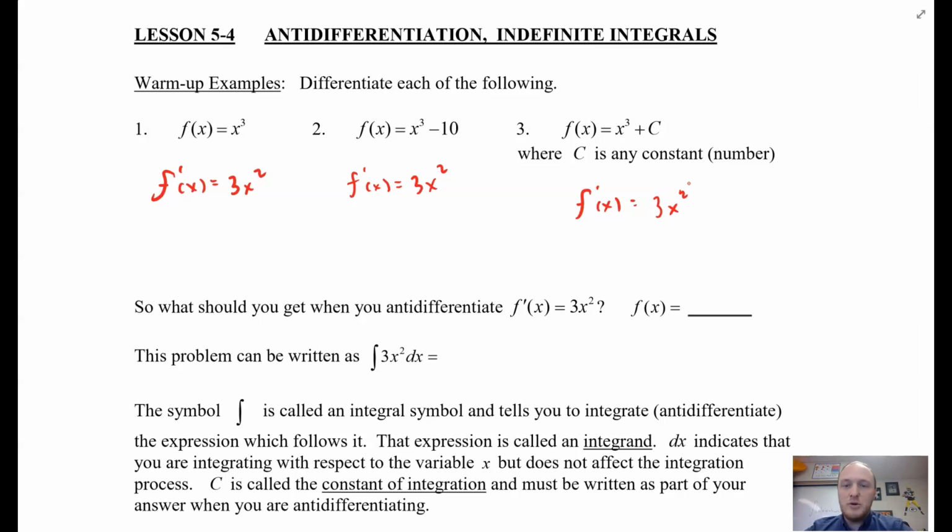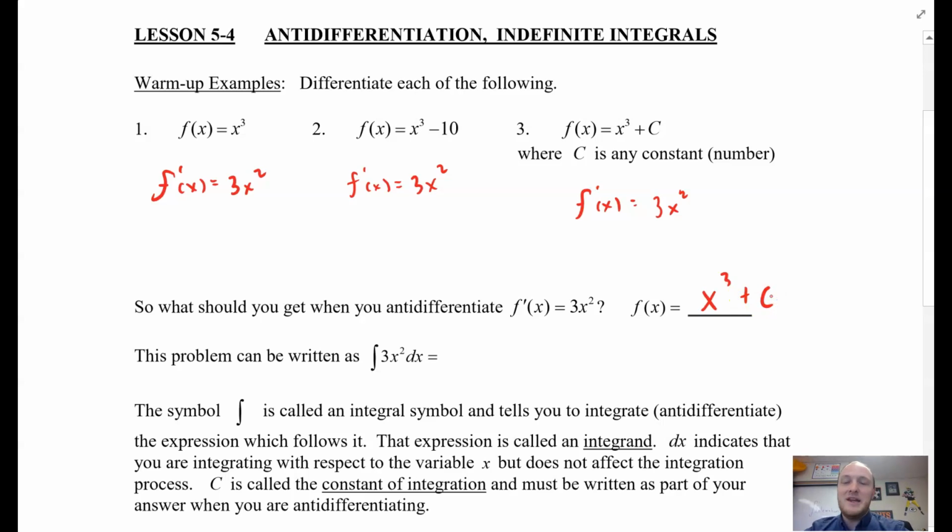Okay, so what do we get when we anti-differentiate f prime of x equals 3x squared? The antiderivative is kind of going backwards. Whatever we get is always going to be x cubed plus c, a constant.